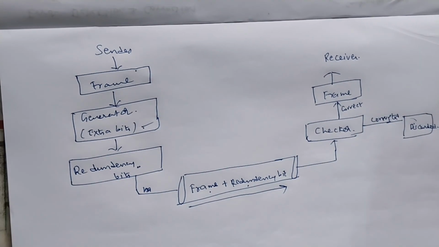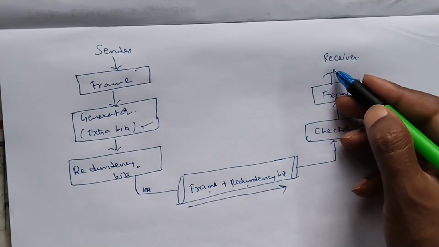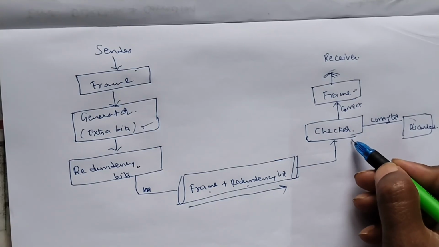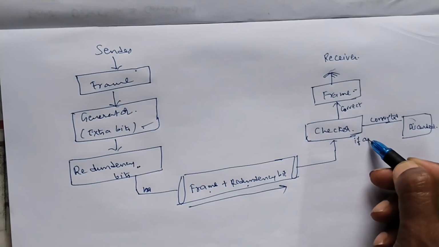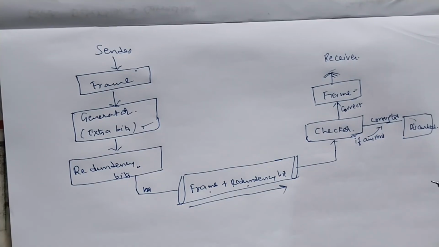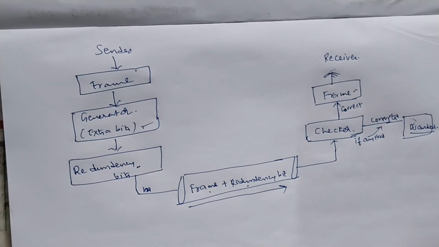The checker checks whether any error has occurred or not. If there are no errors, the correct bits go to the frame, and the frame is sent to the receiver. If the checker finds any errors, it simply says corrupted bits, and those bits are discarded. Okay, this is about error correction.